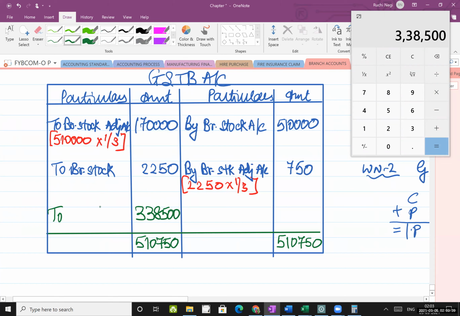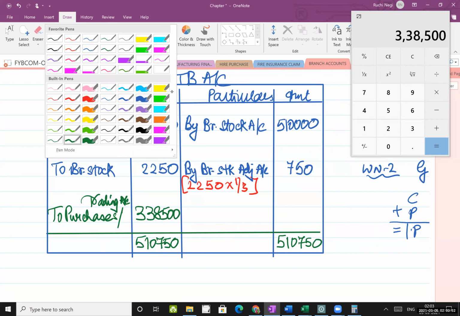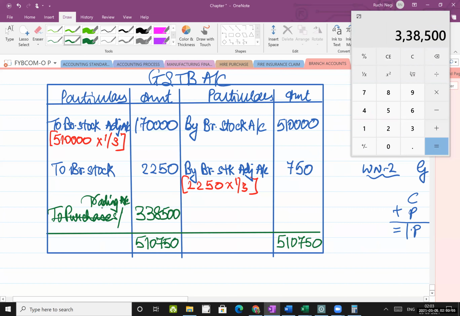This is called to purchases, or you can even write trading. It's up to you. Both are correct. So this is the balancing figure of GSTB.